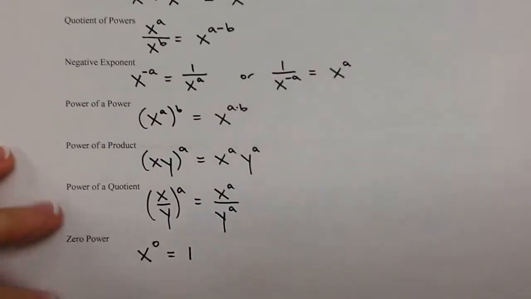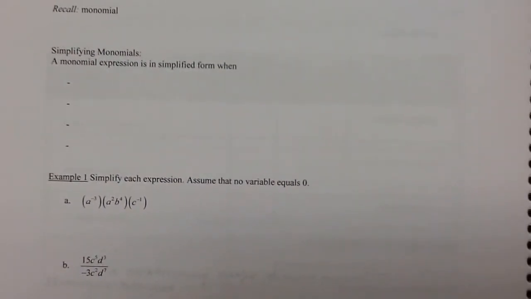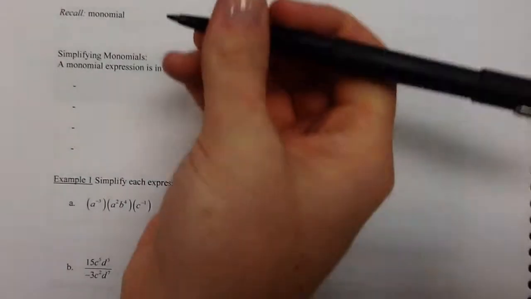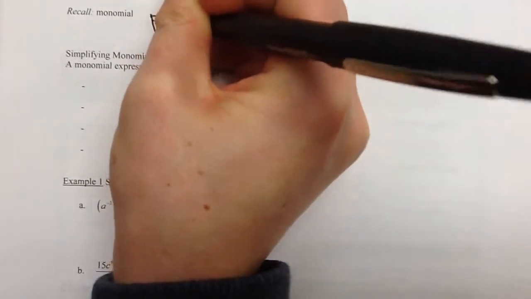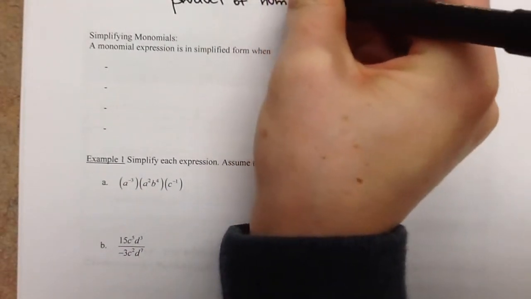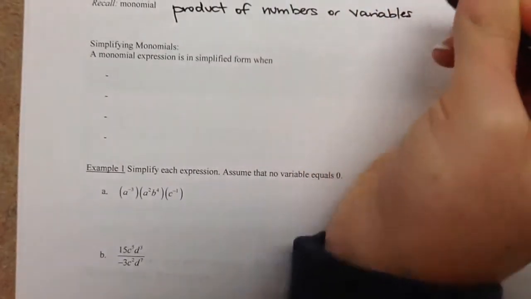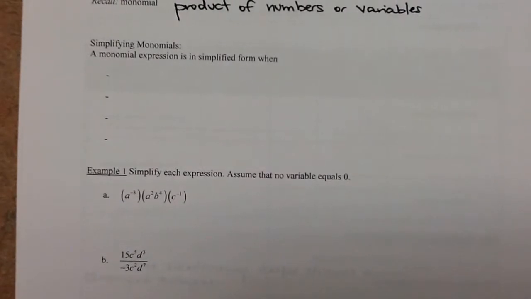We're going to work with all of those on the next page, and run through some examples. I reminded you guys on the previous page, but remember that a monomial is either a number, a variable, or an expression. It's just a product of numbers and variables with non-negative integer exponents.